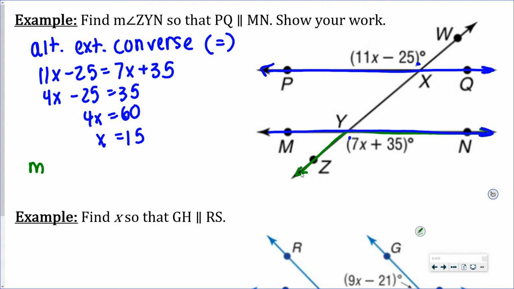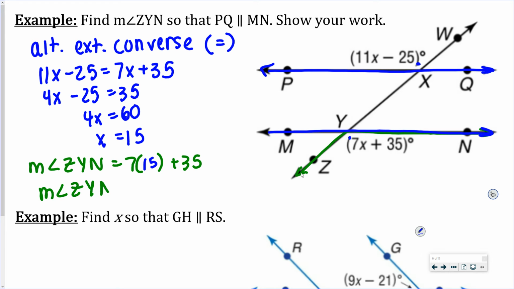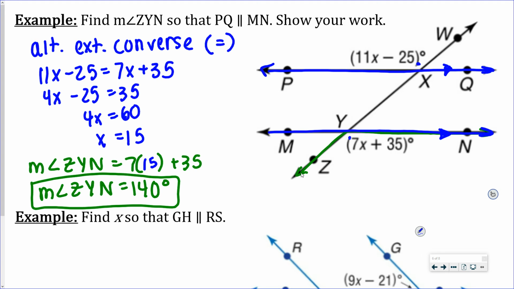All right, from there we just plug that in to ZYN, which is 7x plus 35 degrees. X is 15. What do we get? 140? Okay, so that angle would have to be 140 in order to make lines MN and PQ parallel to each other.